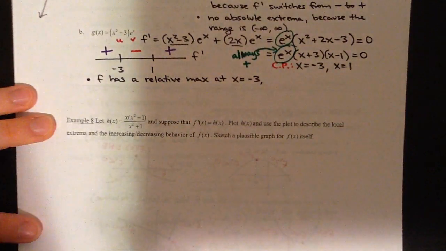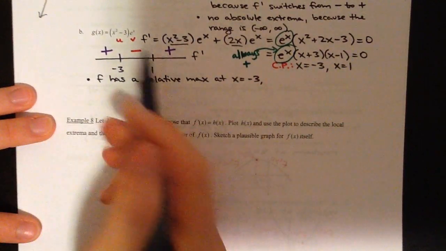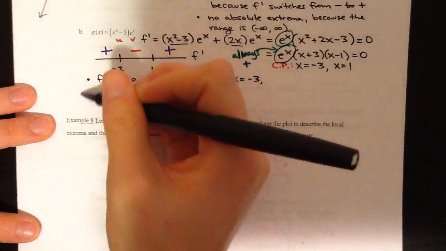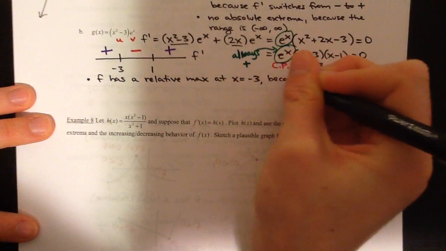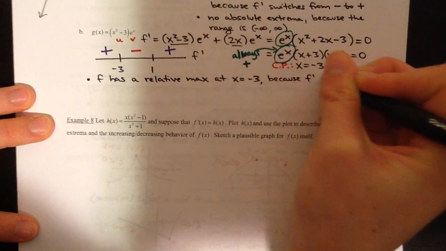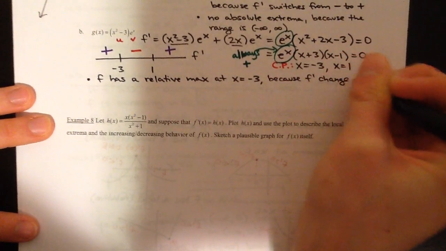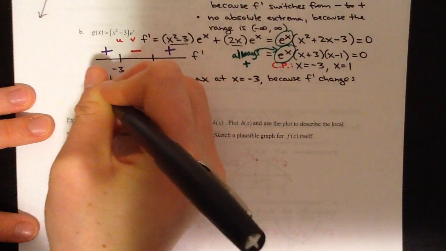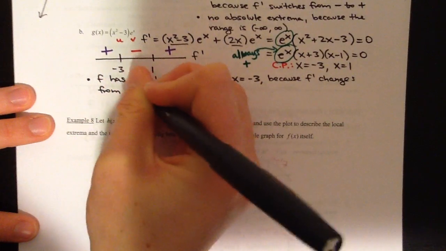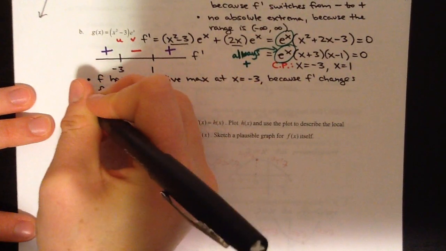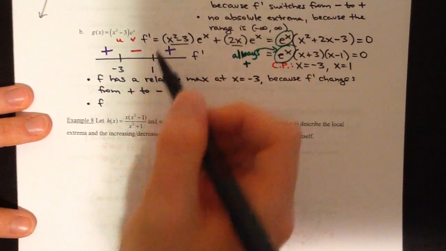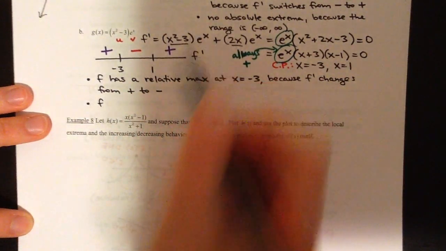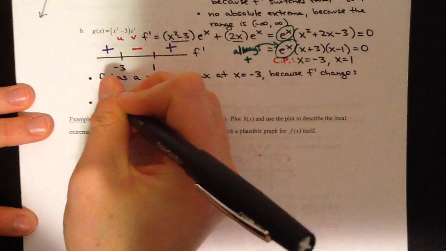Reason being, same reason as up above, because f prime switches from positive to negative there, which means my graph goes from increasing to decreasing. Okay, and then right here at 1, my graph switches from negative to positive, which means it's decreasing then increasing. That would be a relative min.